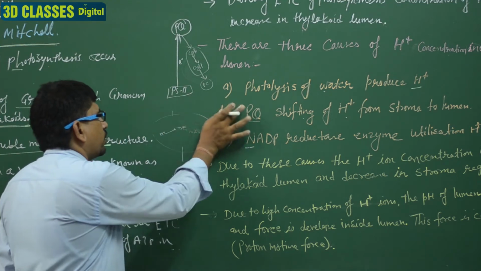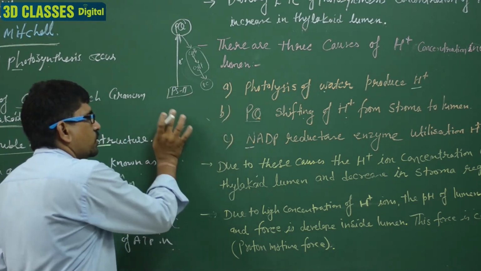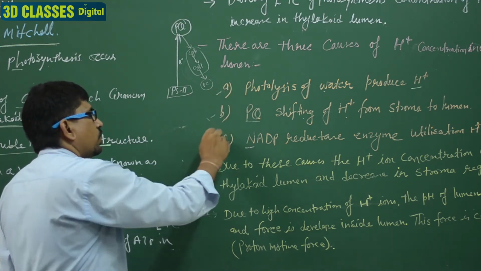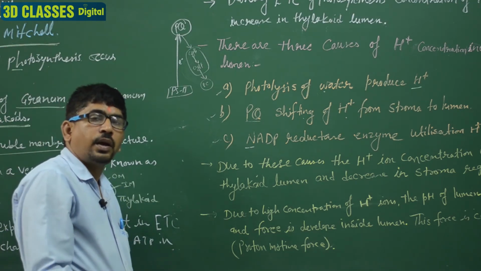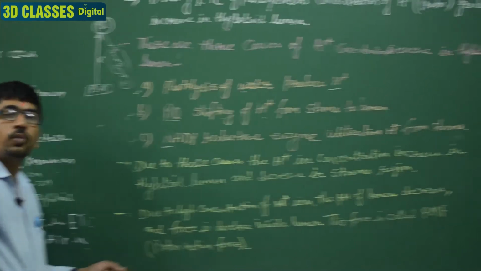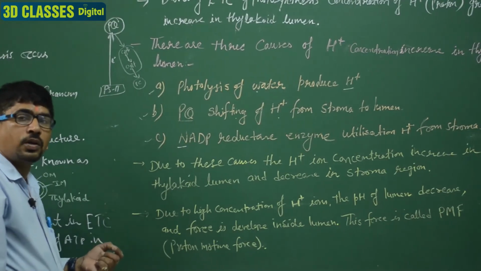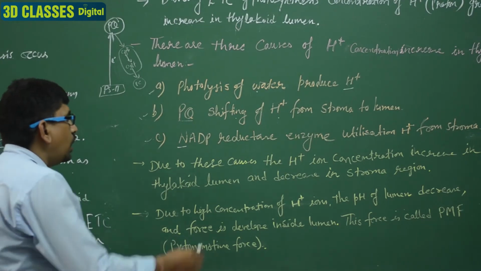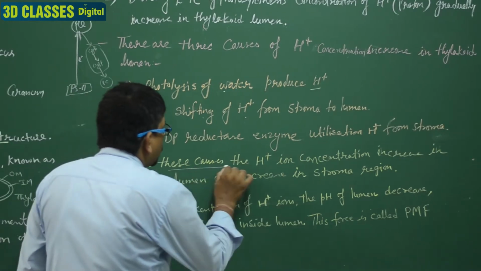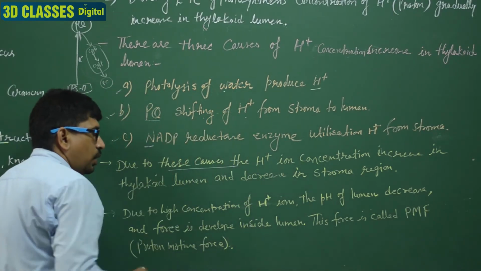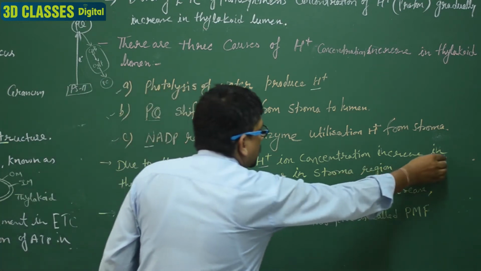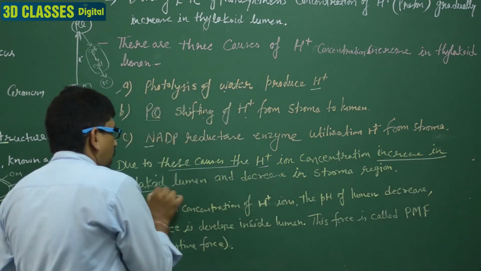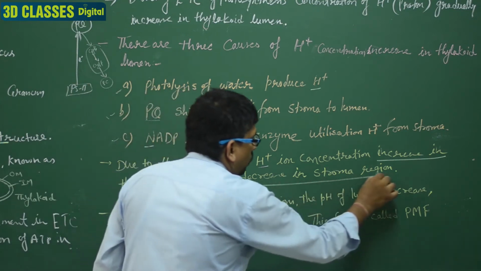Clear? That is the process. So there are three processes, 1, 2, 3, for the enhancement and decrement of the proton inside the lumen and outside the lumen. Clear? Due to these causes 1, 2, 3, the H plus ion concentration increases in the thylakoid lumen and decreases in the stroma region.